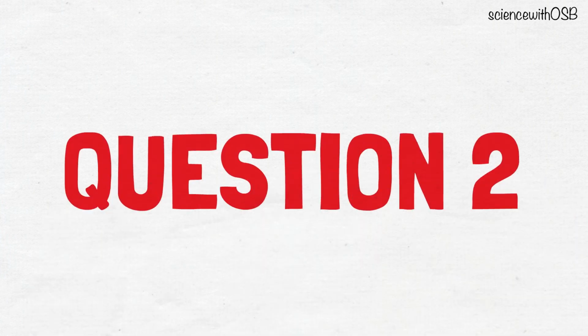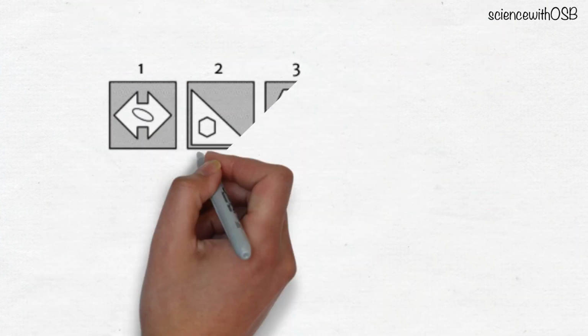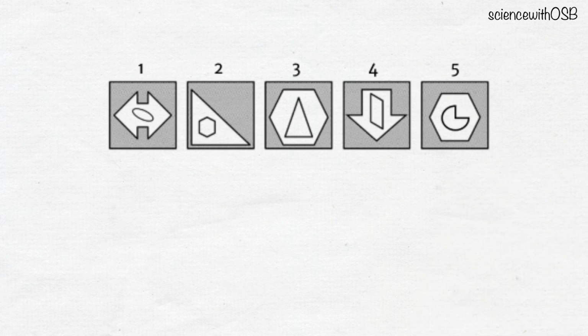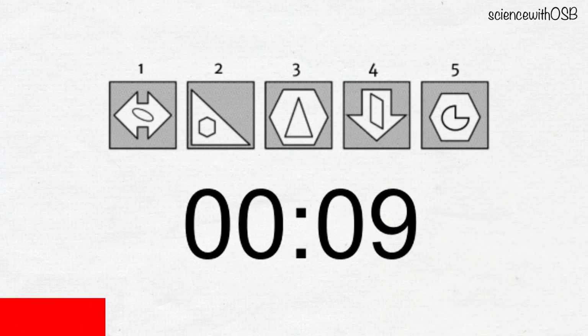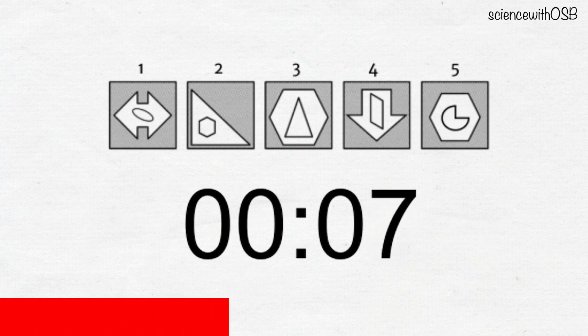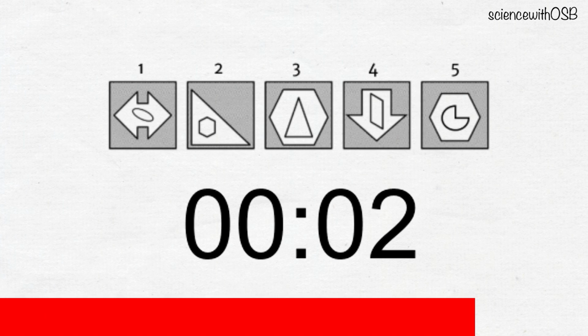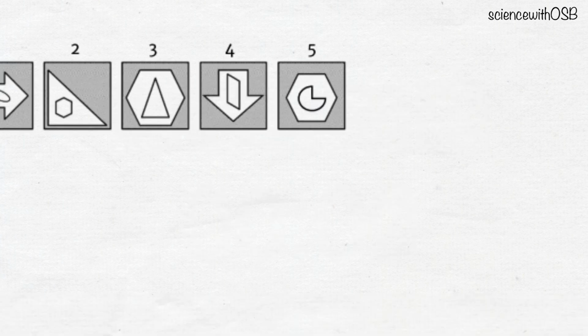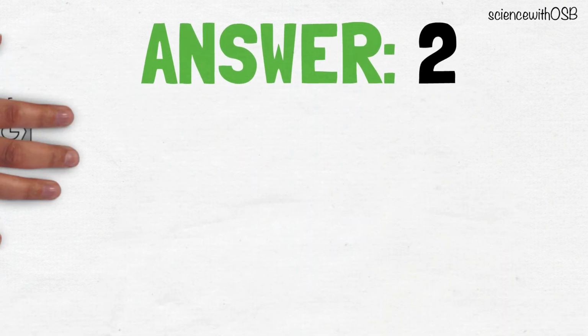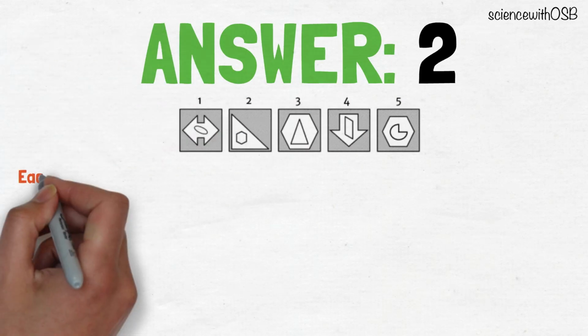Question number 2. Look at 1, 2, 3, 4 and 5 of these shapes closely. The correct answer is 2. Each frame has 2 shapes.